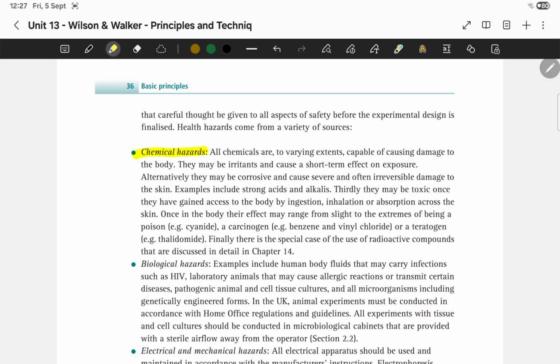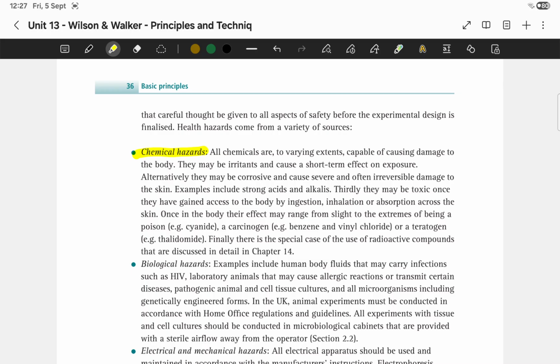Number 1, chemical hazards. All chemicals are, to a varying extent, capable of causing damage to the body. They may be irritants, causing a short-term effect on exposure. Alternatively, they may be corrosive, causing severe and often irreversible damage to the skin. Examples include strong acids and alkalis. Thirdly, they may be toxic once they have gained access to the body by ingestion, inhalation, or absorption across the skin.